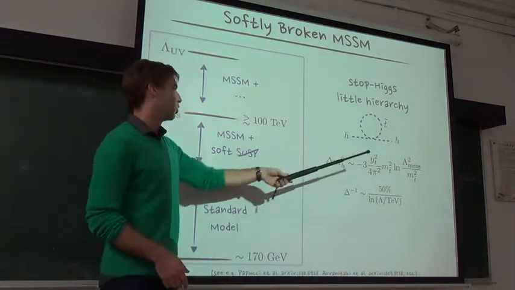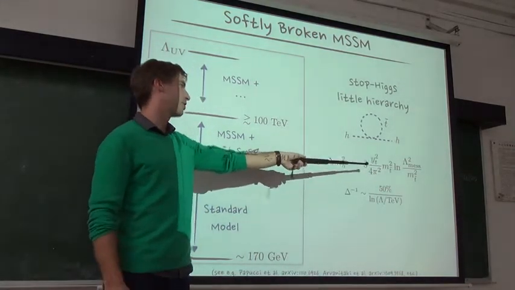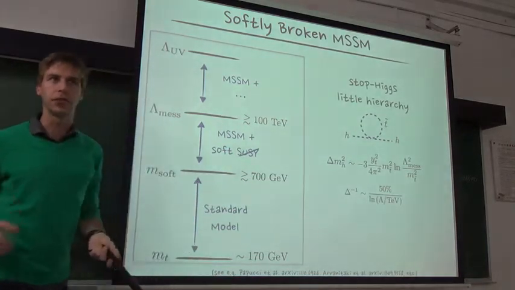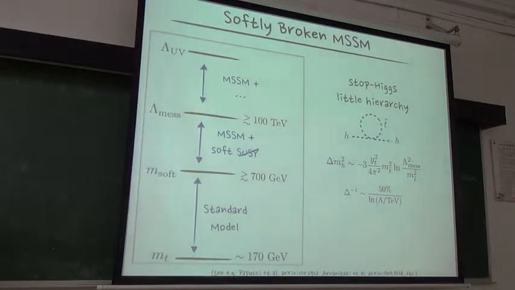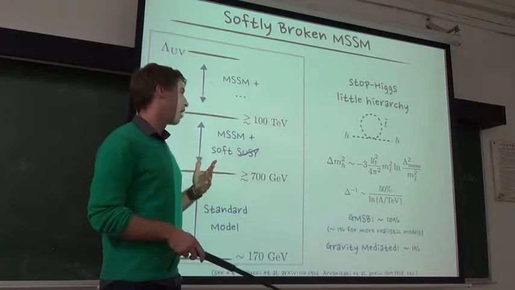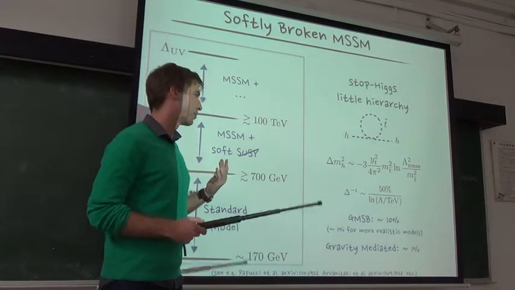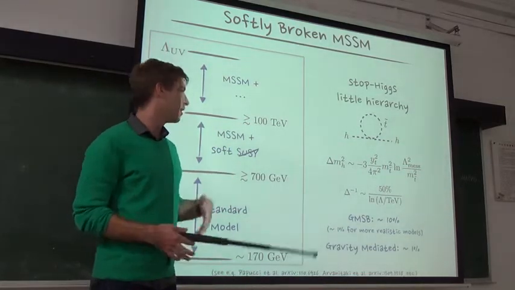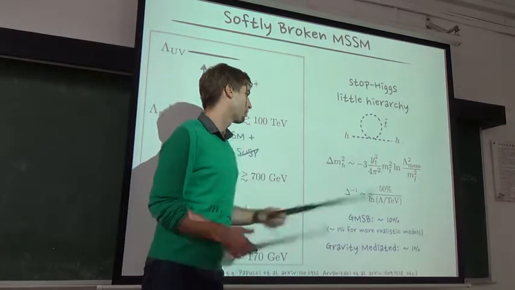Right. So what you would like is that the size of this contribution is about what we measure the Higgs mass to be, so around 125 GeV. This is the idea of naturalness. And what you find is that to get that to happen, you need an order 10% to 1% cancellation, closer to 1% in most realistic models. And it's because the size of this logarithm is fairly large.